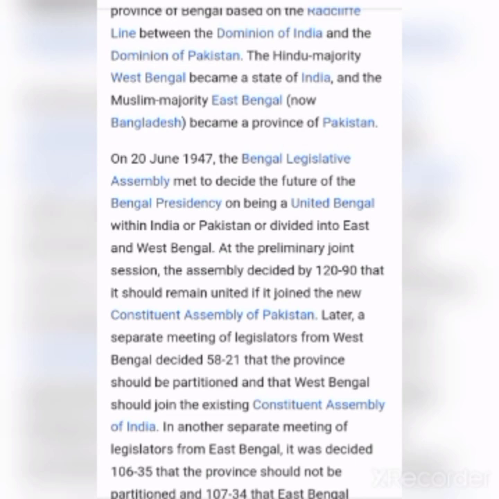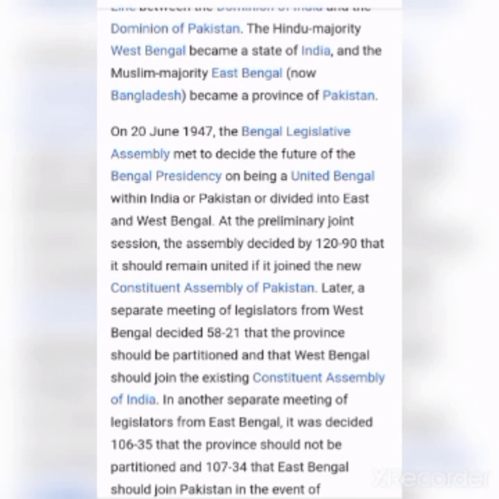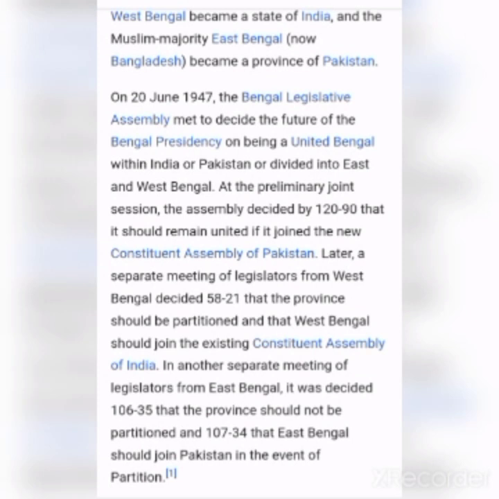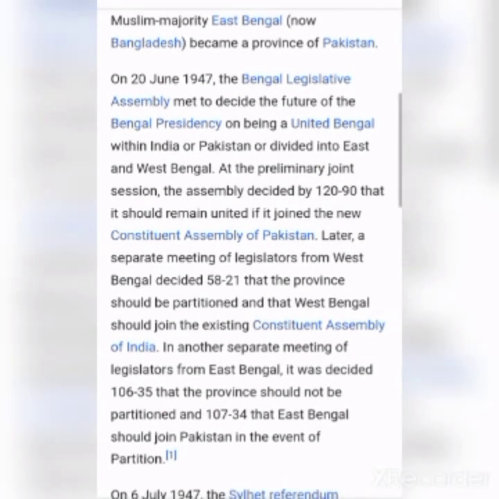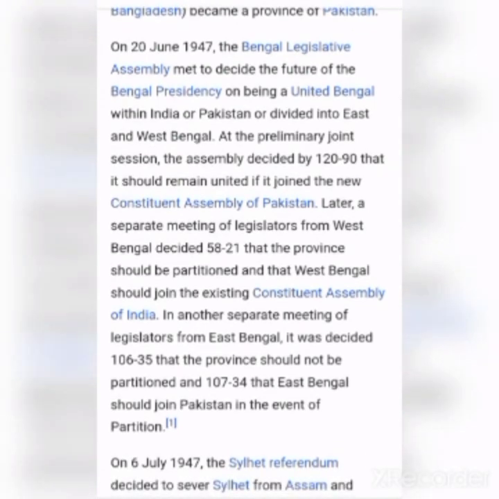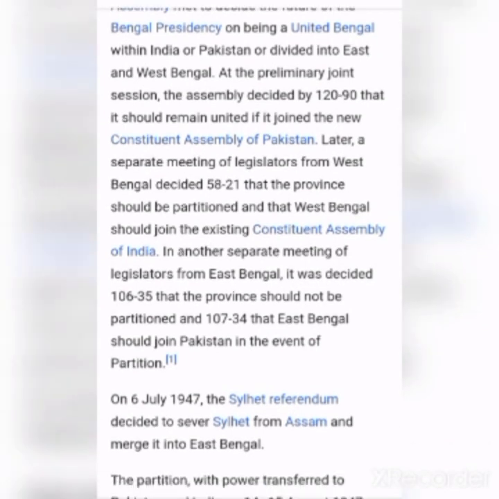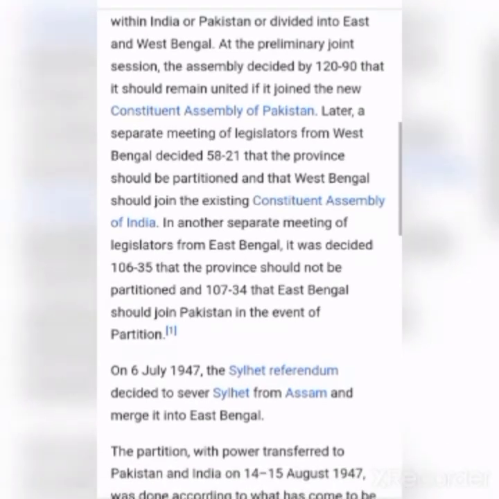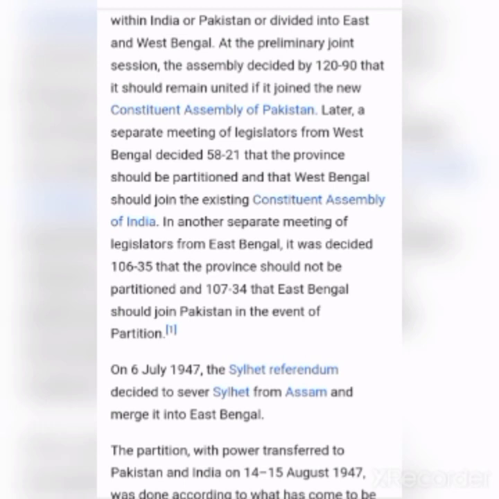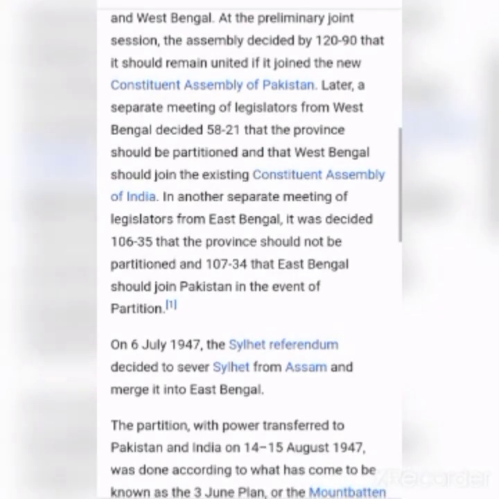At the preliminary joint session, the Assembly decided by 120 to 19 that Bengal should remain united if it joined the new Constituent Assembly of Pakistan. Later, a separate meeting of legislators from West Bengal decided 58 to 21 that the province should be partitioned and that West Bengal should join the existing Constituent Assembly of India.